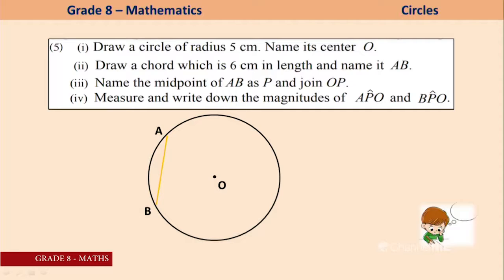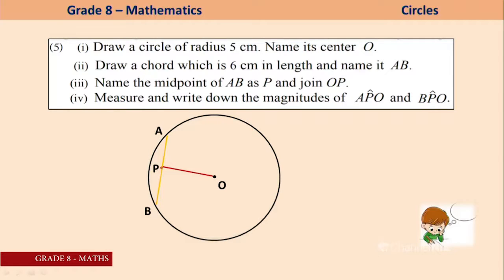Third question, name the midpoint of AB as P and join OP. Midpoint means AB is separated into two equal parts. So, I name this midpoint as P and join OP.